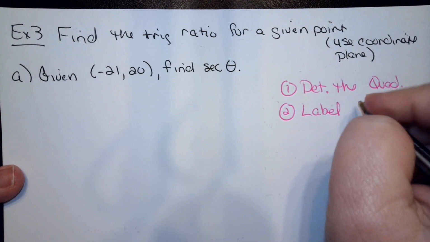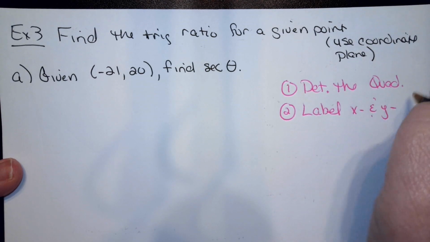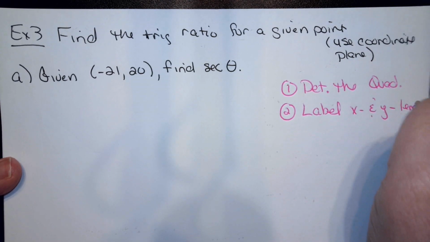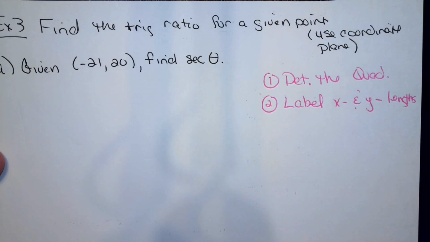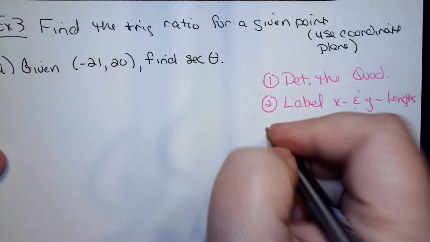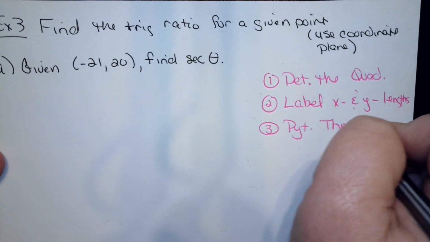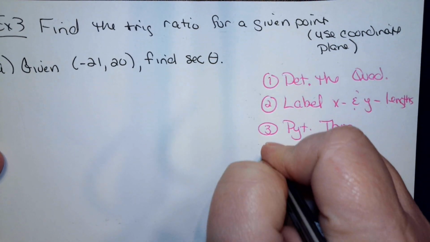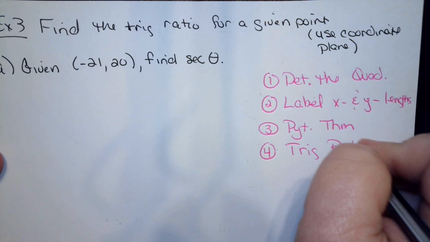All right, and then we're going to label the X and Y lengths. And then the Pythagorean theorem is going to sneak back in. And then we're going to write our trig ratio.